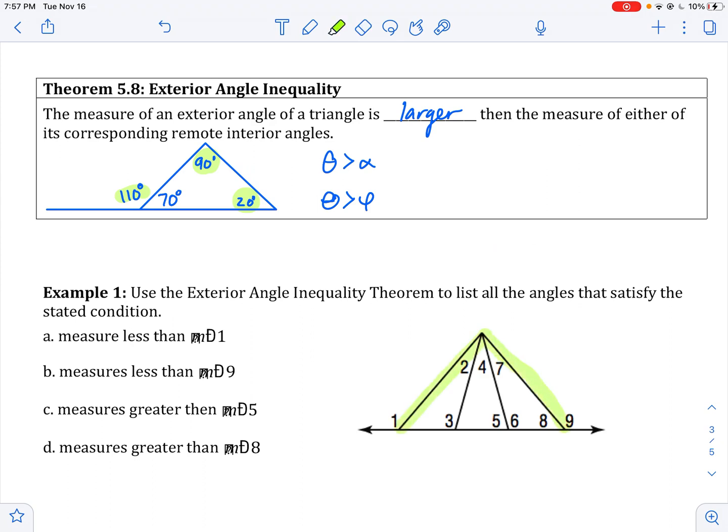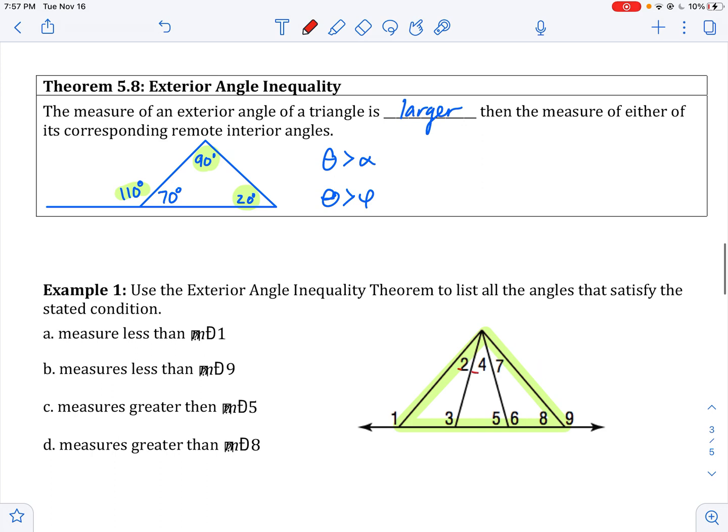Let's look at angle 1. Here's my triangle. My remote interior angles would be there and there. So angle 1 must be greater than angle 8. Okay, and I can change what triangle I'm looking at here. So there's another triangle. Those are my remote interior angles.